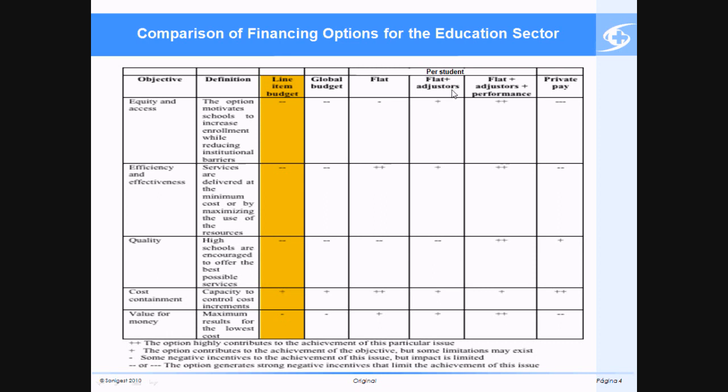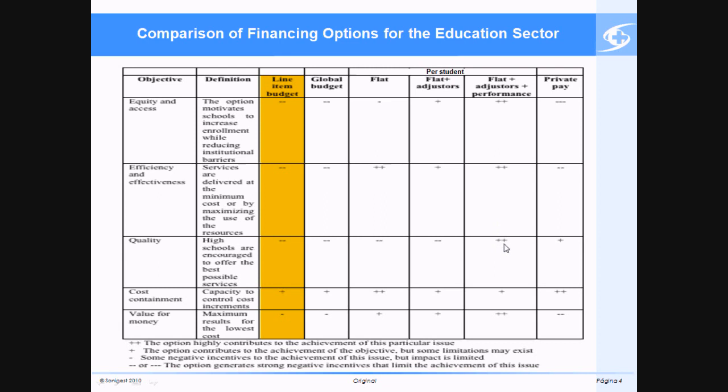However, the flat per-student model can be enhanced if we add adjusters. We note that we can add adjusters that will promote equity and efficiency and effectiveness. Still, we could add adjusters as well as a performance component, and that will maximize our achieving our various objectives.